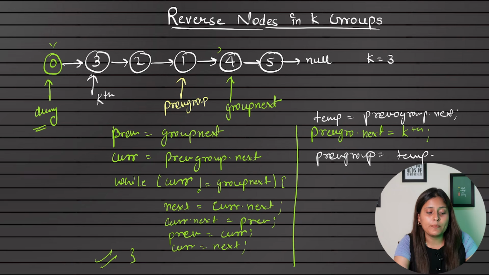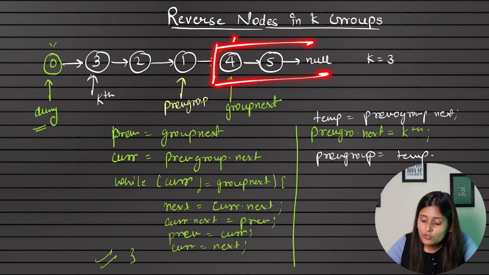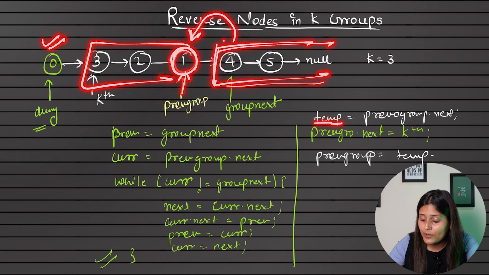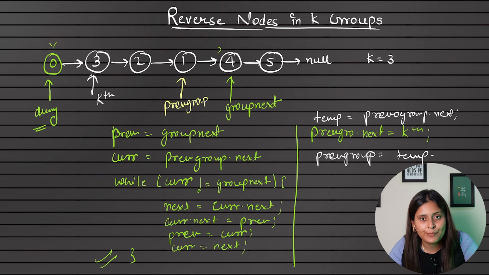So hence we have written previous group dot next connect to kth. And for the next group, just one node behind was my previous, remember, for 4 5 this needs to be previous, so hence we need to save it somewhere. That's why we saved it in a temporary variable, and at the end we have updated this.